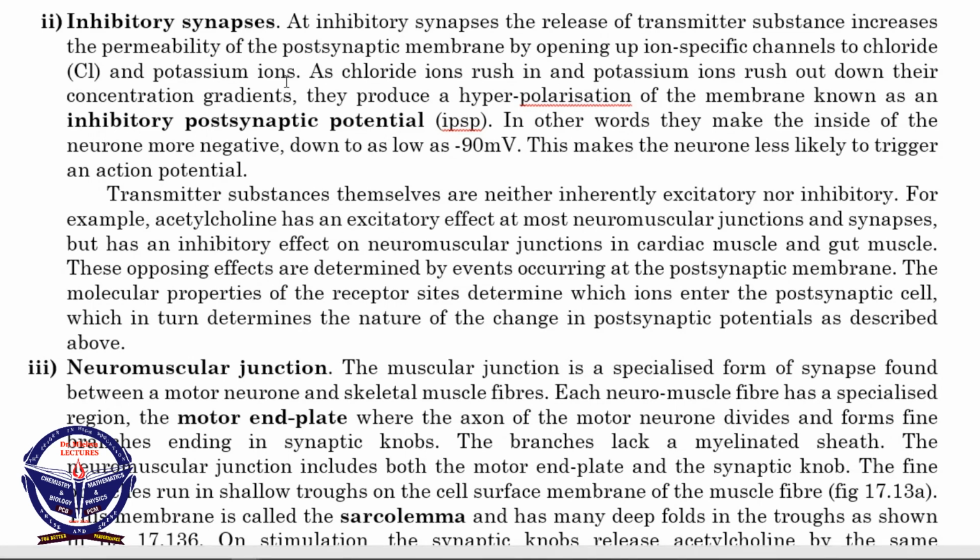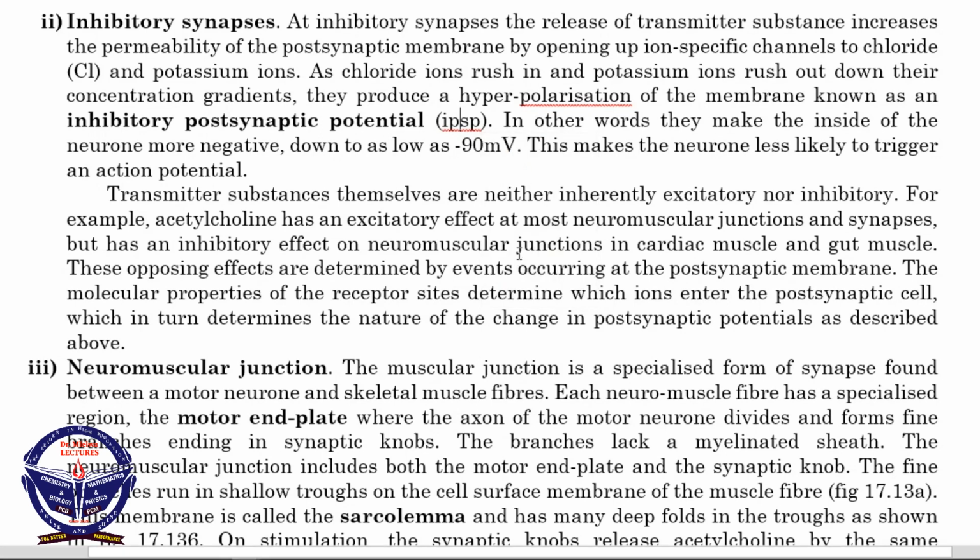As we know, the concentration of chloride ions outside the axon is higher compared to the inside, so the opening of the chloride channels will cause chloride ions to rush in, and when the chloride ions enter they cause the inside of the cell to become more negative. As chloride ions rush in and potassium ions rush out down their concentration gradient, they produce a hyperpolarization of the membrane known as inhibitory postsynaptic potential. In short we call it IPSP.